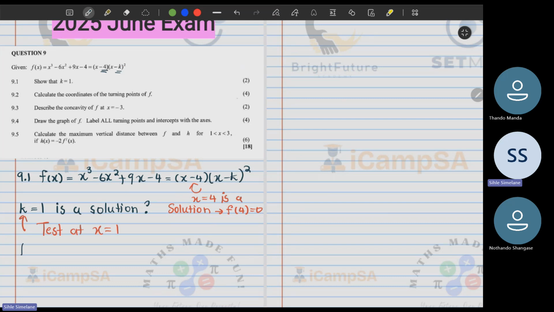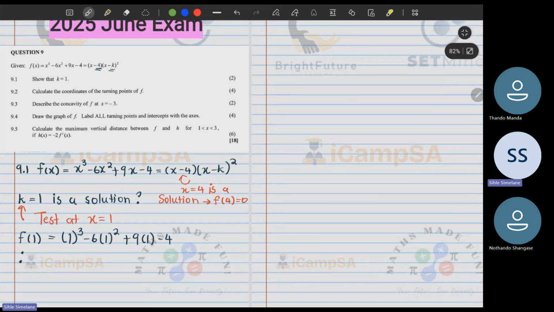So it means I need to do now f of 1, which, if you observe carefully, will be 1 cubed, and then minus 6 into 1 squared, and then plus 9 into 1 minus 4. What are we getting our f of 1 as, guys?